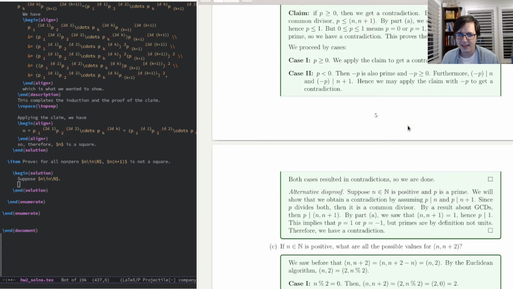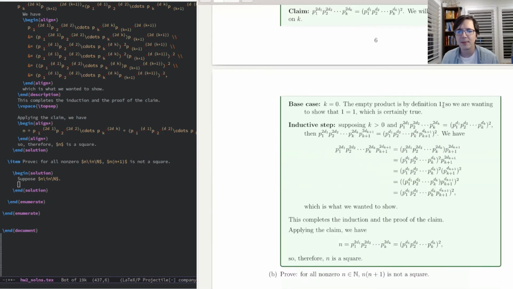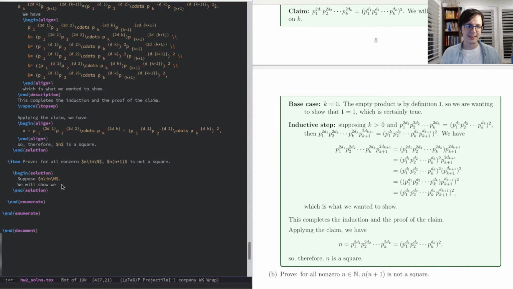Because "for sake of contradiction" means something slightly different. We'll show we obtain a contradiction by assuming that n times n plus 1 is a square. I mean, it's the same thing, but has just a shade of distinction.